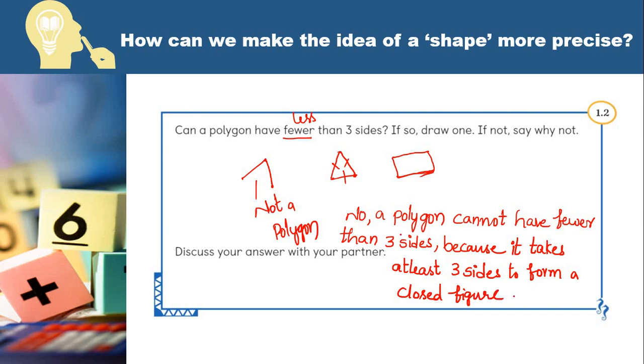Discuss your answer with your partner and write the answer here, children. Is it clear? No, we cannot draw a polygon with less than 3 sides.